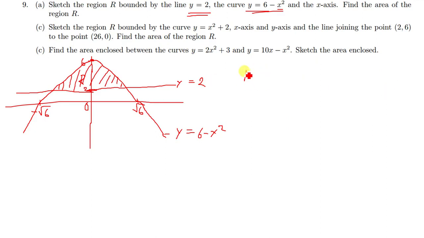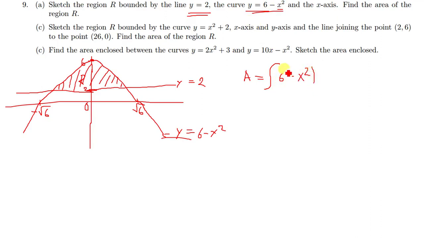So the area is just given by the integral of the curve or of the line that is on top of the other. So which one is the line which is on top? Of course we know that the line which is on top is just this curve, because it's passing on top of this line y is equal to 2. So we're going to start first by finding the integral of y, of this line which is on top, which is 6 minus x squared.